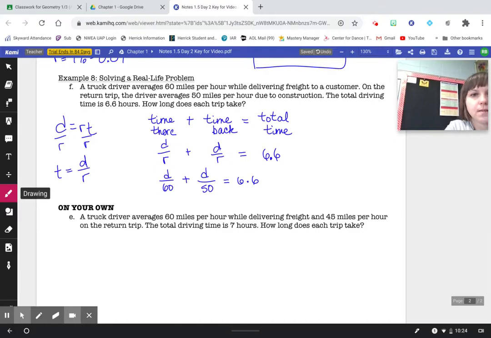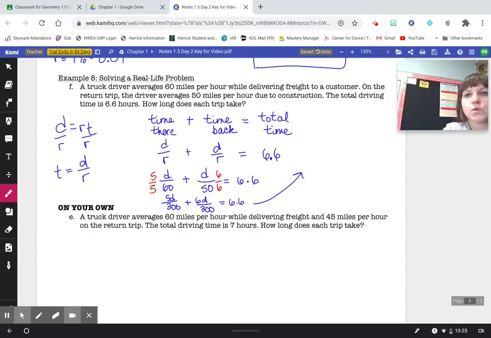I would multiply this top one by 5 and bottom by 5, and over here I would multiply it by 6 over 6. So I end up with 5d over 300 plus 6d over 300 is equal to 6 6/10. So now I have 11d over 300 is equal to 6 6/10.